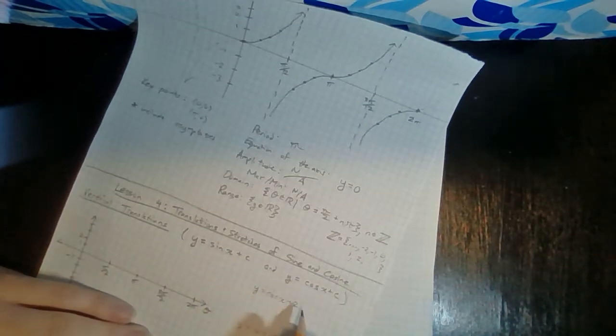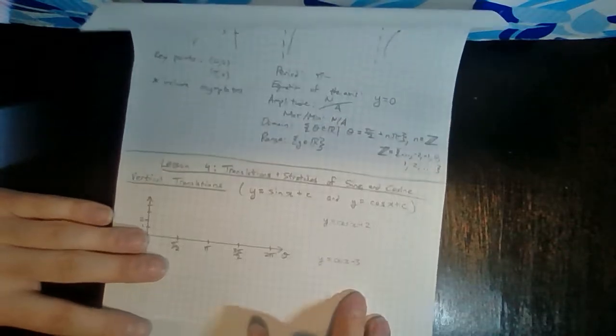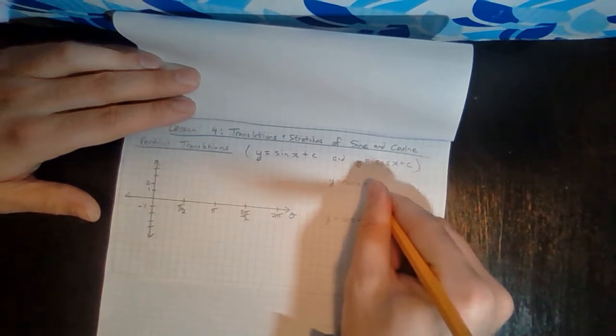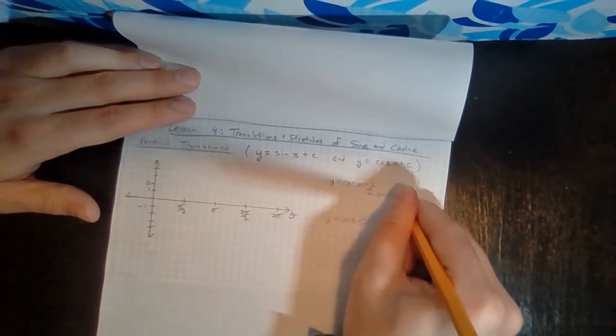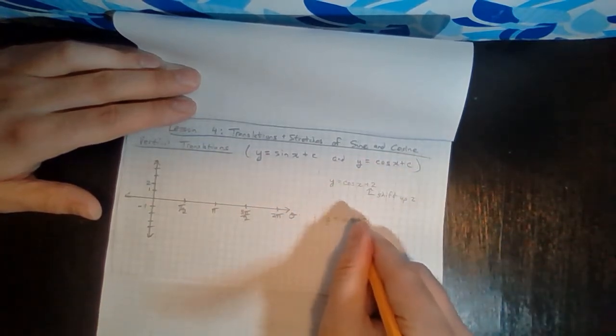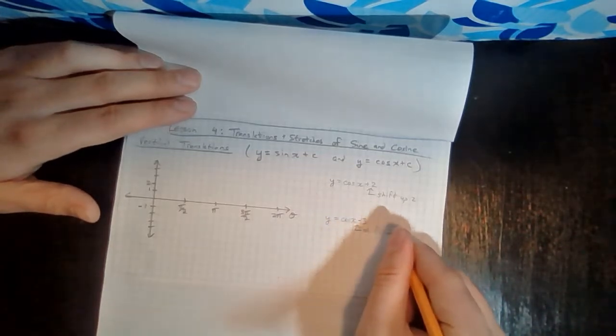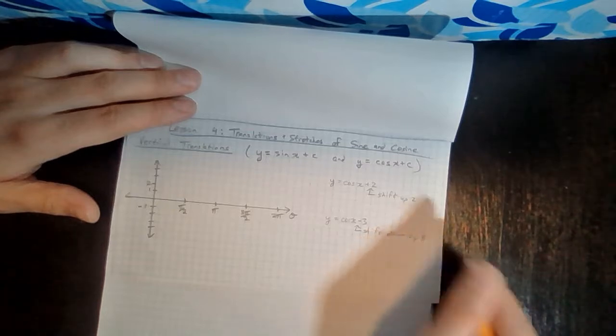And as we're used to, these vertical transformations always happen the way we think they would. So if we're adding 2, this is telling us to shift up by 2. Minus 3 is telling us we're shifting down towards the negatives by 3.